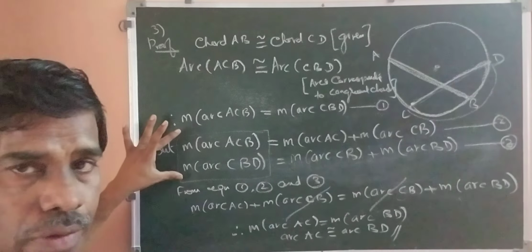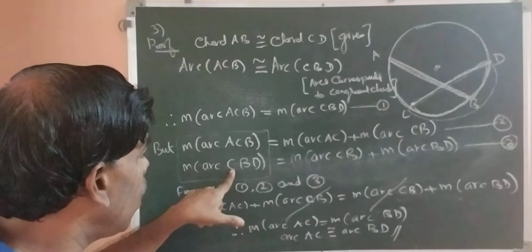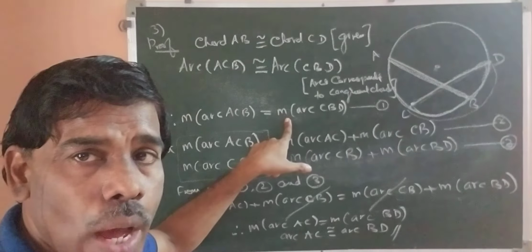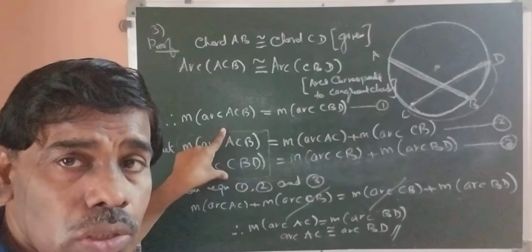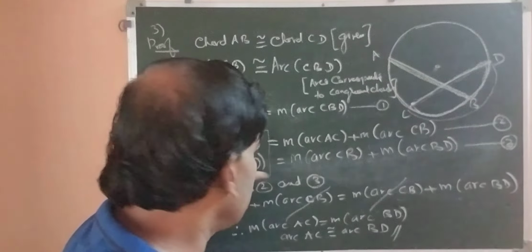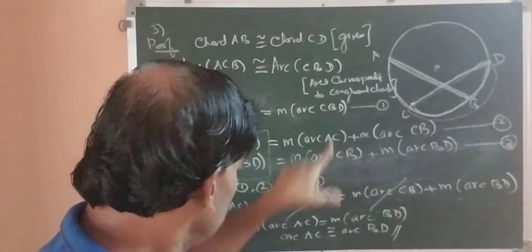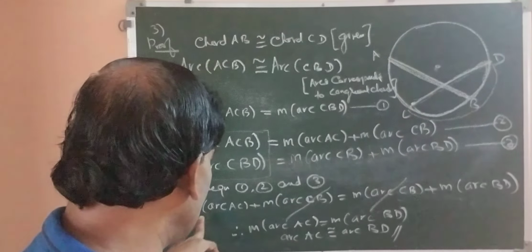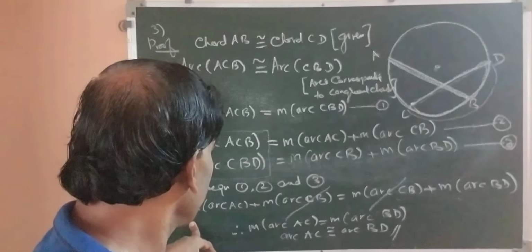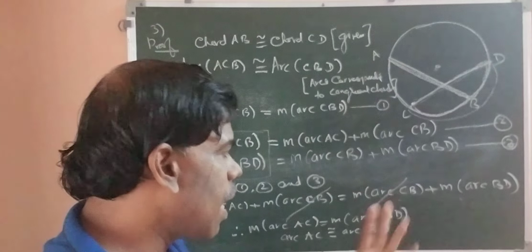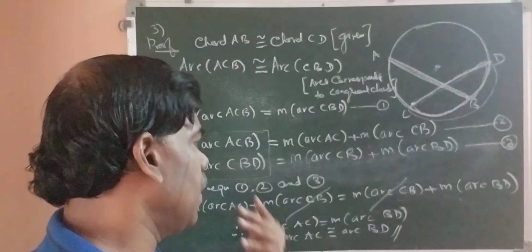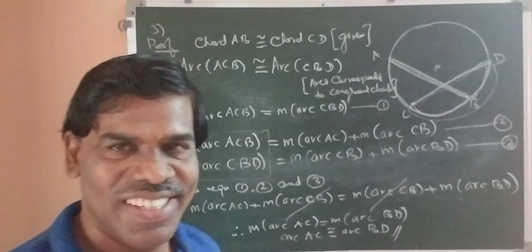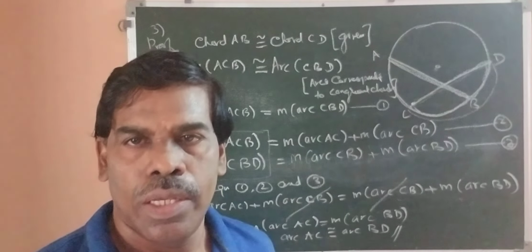So we have got two equations, but these two are equal because of equation 1. So since left hand sides are equal in two equations, right hand sides are also equal. So when you equate it, we have got a common thing that will get cancelled. Therefore, measure of arc AC equal to measure of arc BD. That means arc AC is equal to arc BD. I think you have followed. Okay.